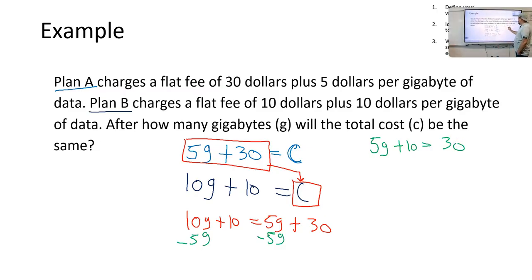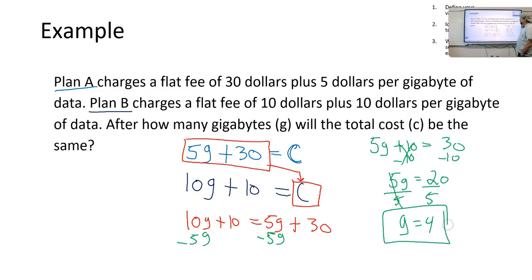Okay, at that point, let's subtract 10 from both sides. And we get 5 gigabytes equals 20. Divide both sides by 5. That means G equals 4.